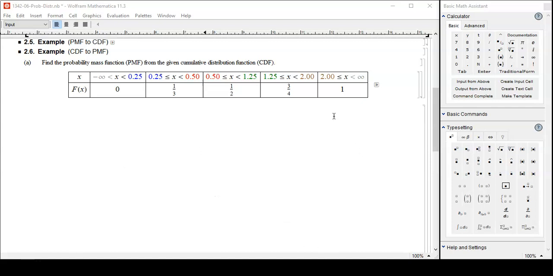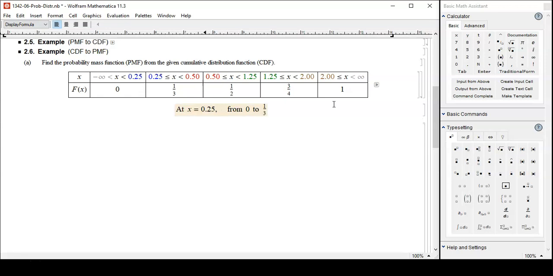Okay, now that we've got all these, let's figure out the size of the jump. At x equal to 0.25, we go from 0 to 1/3.